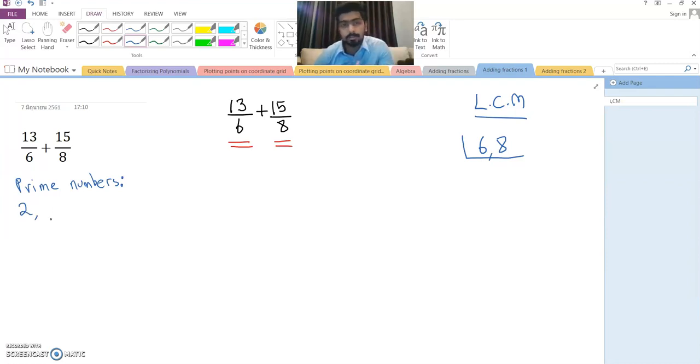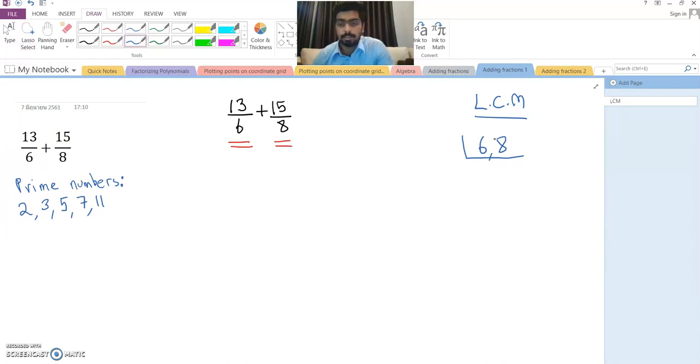Many people also get confused by 1 as the first prime number. 1 is not a prime number, guys. 1 is a unique number because it has only 1 factor. The next prime number is 3, and then we have 5, and then 7, and then 11. Alright guys, all of these numbers have exactly 2 factors, 1 and the number itself.